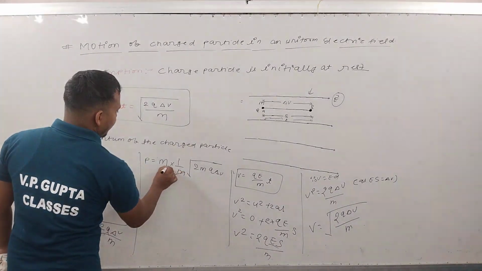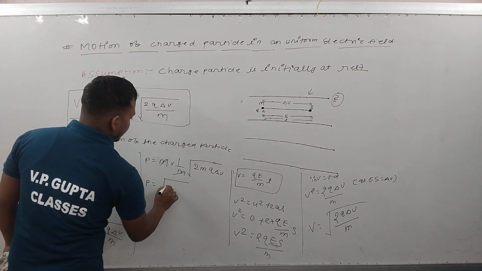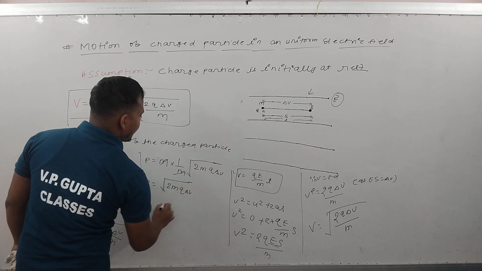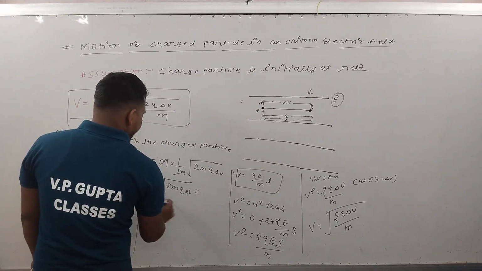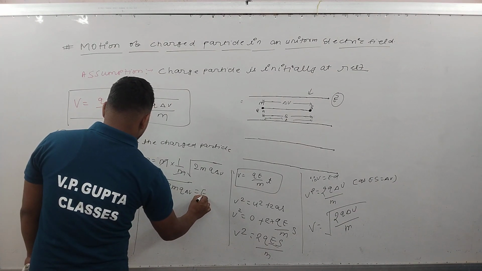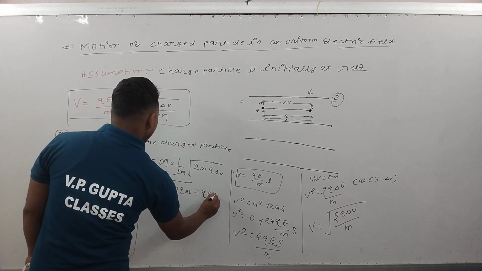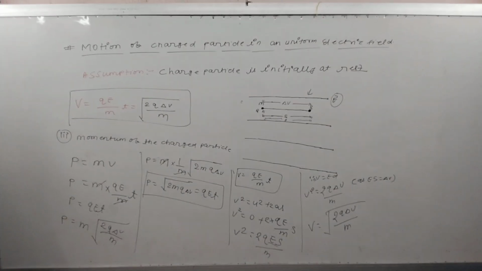The m cancels, so p is equal to under root 2mq del V in terms of potential difference, and qEt in terms of time.